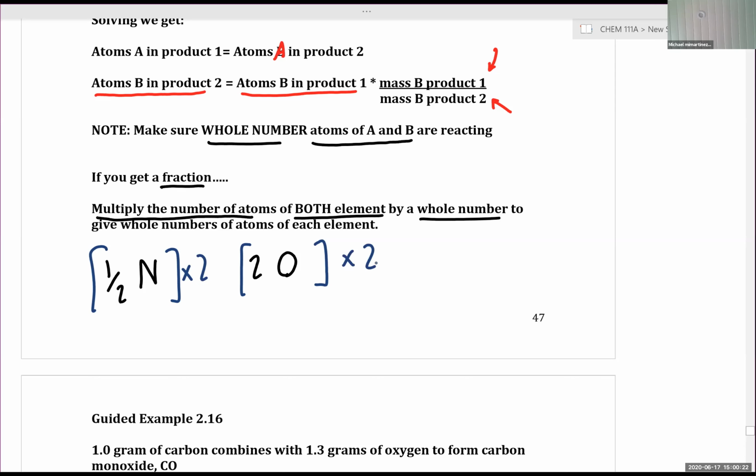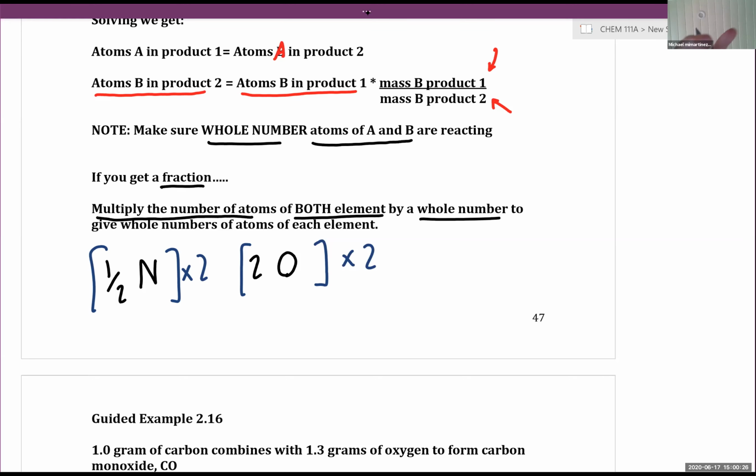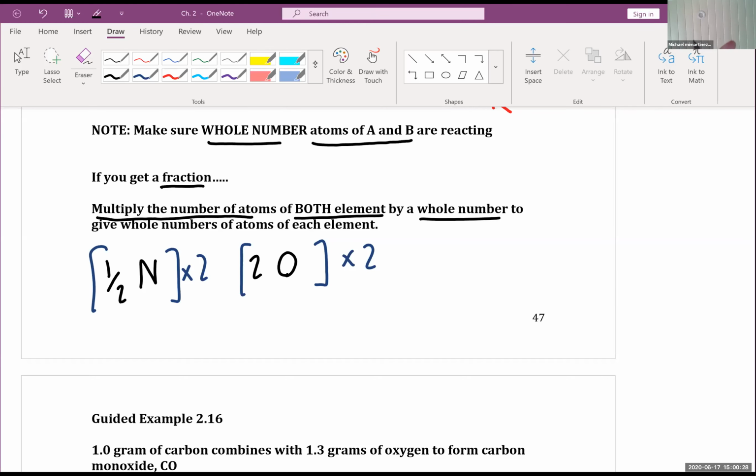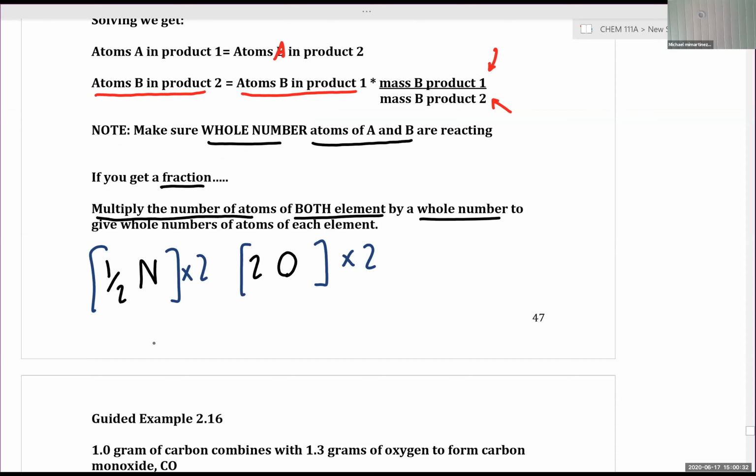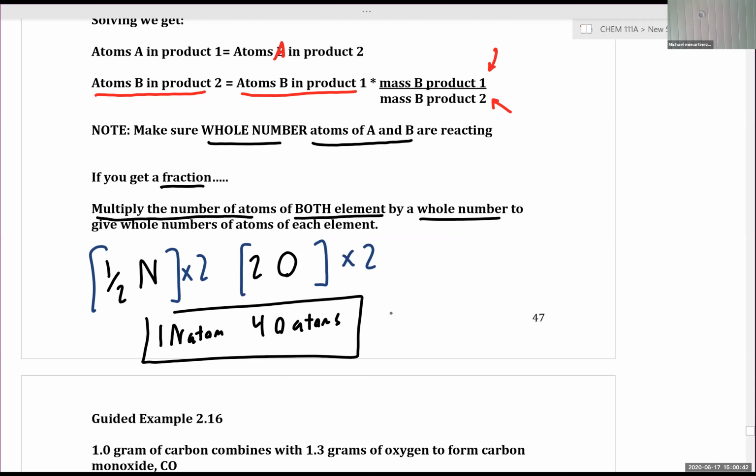So I'm going to multiply both of these atoms by the smallest whole number, and that in turn can simplify my atom to atom ratio to 1 nitrogen atom and 4 oxygen atoms. So you want to make sure we are dealing with whole numbers of atoms.